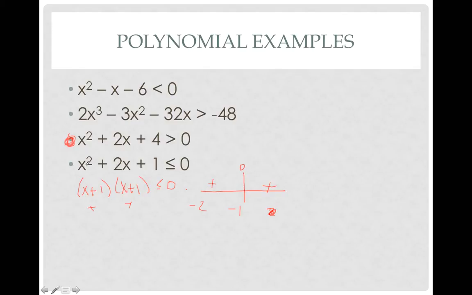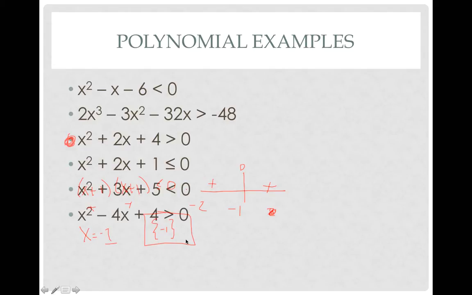So the question here is, where is this function less than 0? Well, it's never less than 0. But where is the function equal to 0? Because it's less than or equal to 0. Well, it's only equal to 0 at -1. So we would do a little squiggle bracket, and we'd say our answer is -1, and that's it. Or x equals -1.